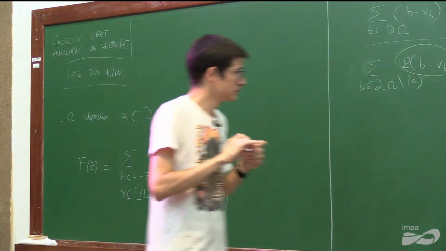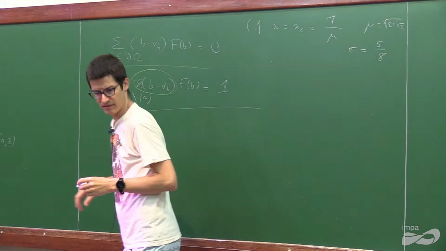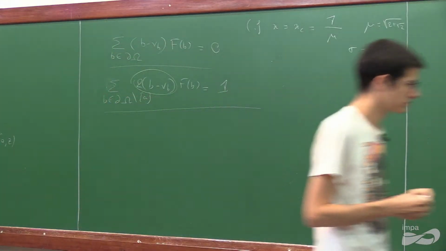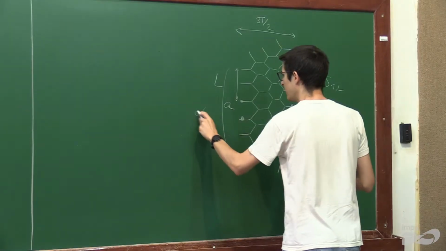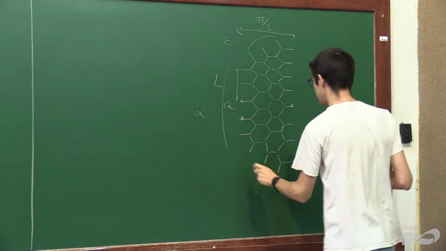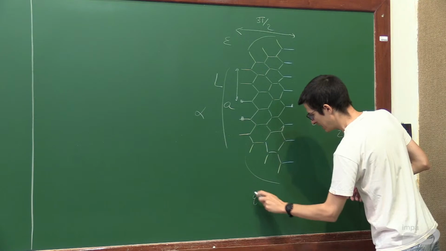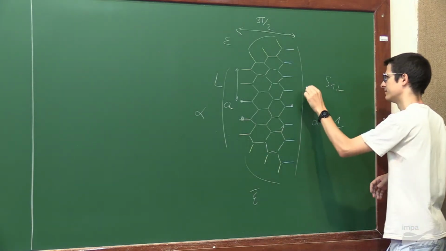So let us define, I will call this side here alpha. This will be epsilon. This will be epsilon bar. And this will be beta.